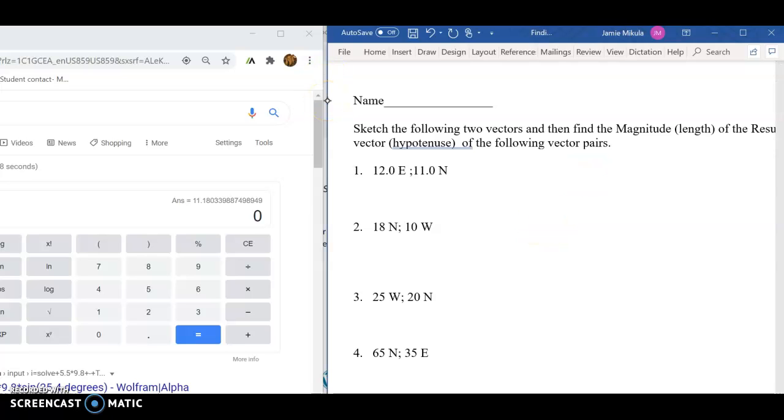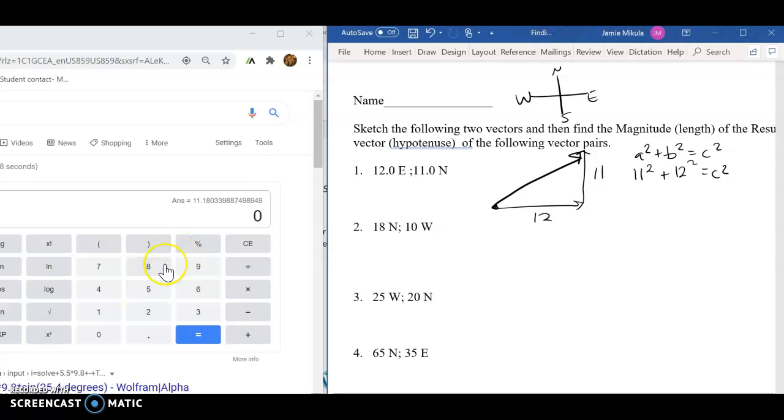So 12 east, if you don't know your cardinal directions: north, south, east, and west. So 12 east and 11 north. That would give me a resultant vector that looks like that. So I'm going to use a squared plus b squared equals c squared for all of these. So I'm going to do 11 squared plus 12 squared equals c squared and find the resultant.